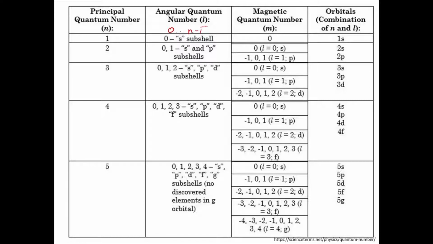We had the magnetic quantum number m, or m sub l, and it goes from negative l, 0, all the way to positive l. And we can use that to make orbitals, a combination of n and l. So the 1s orbital is n equals 1, l equals 0, which represents the s subshell.